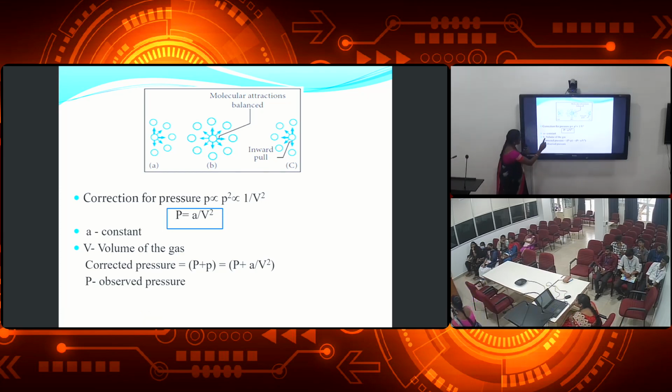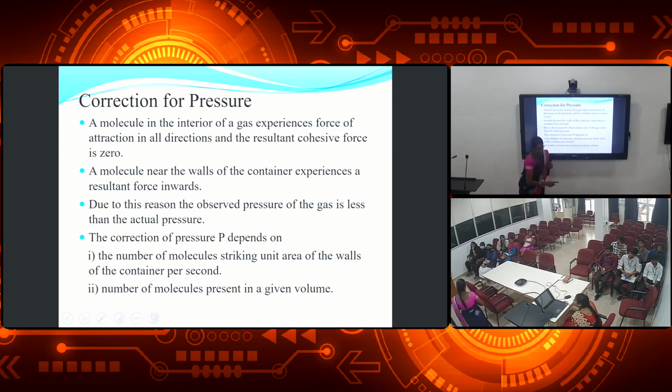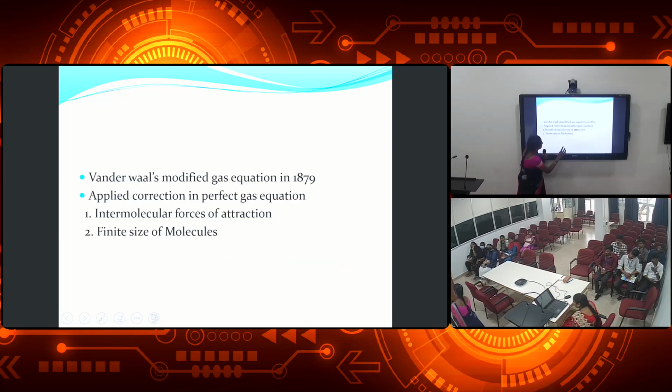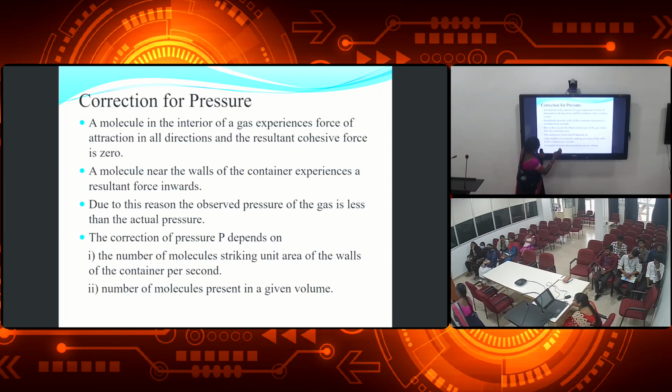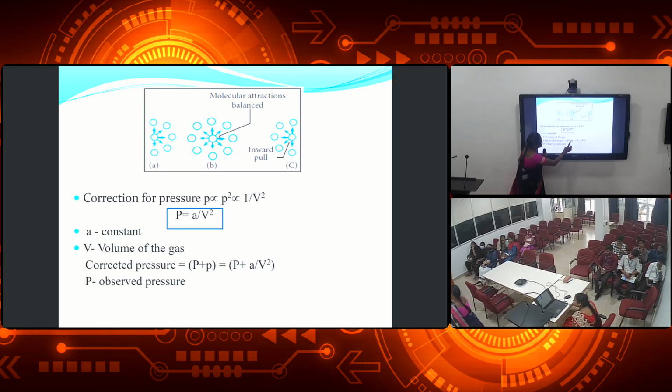Capital P is the observed pressure, and small p is the actual pressure. So the corrected pressure is P plus a divided by V squared.